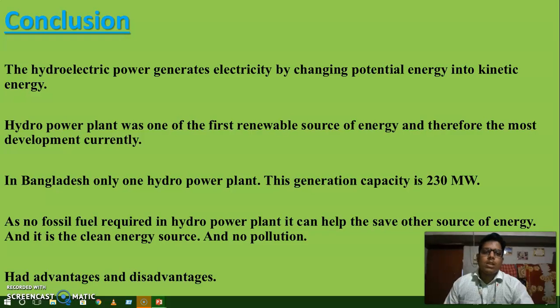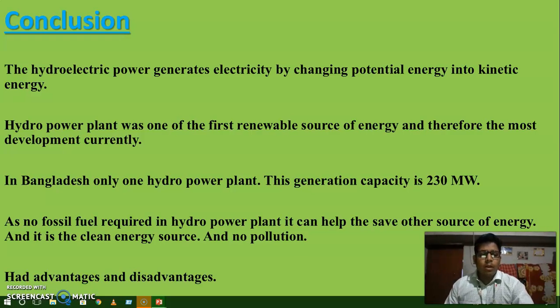Then lastly, conclusion. In this presentation, I have given some information about hydropower plants. The hydropower plant generates electricity by changing potential energy into kinetic energy.